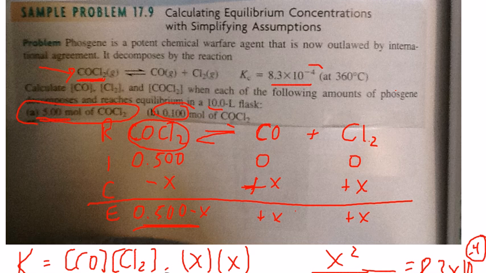Now you would go through the same process, and I think what we would find is that because this is a smaller amount to start, we would end up with a larger than 5% value of x compared to the original. That said, I do believe this type of problem would not be on the AP, so we're going to ignore this for now. You would never be put in a scenario where you couldn't make this simplifying assumption.